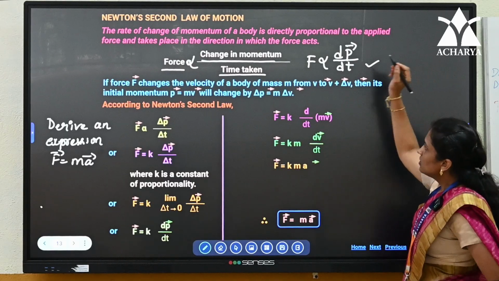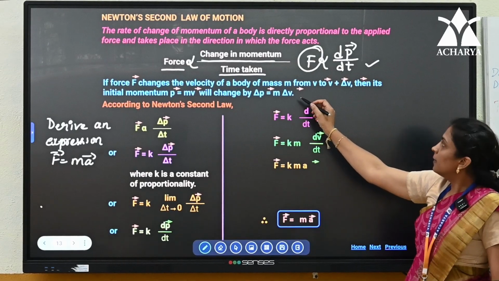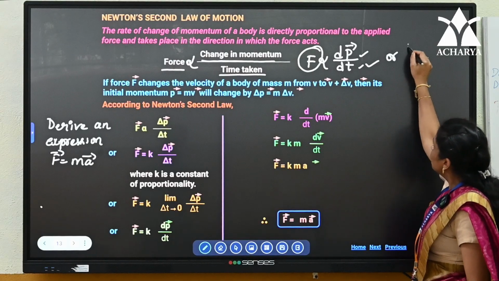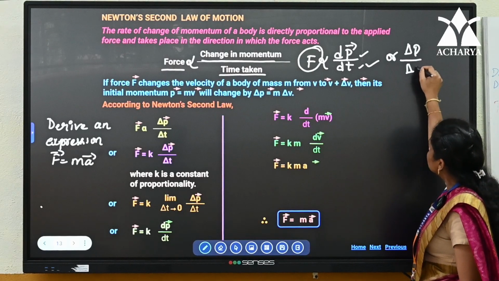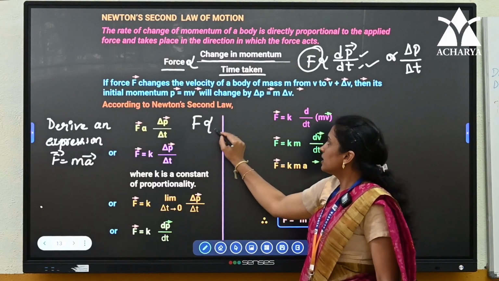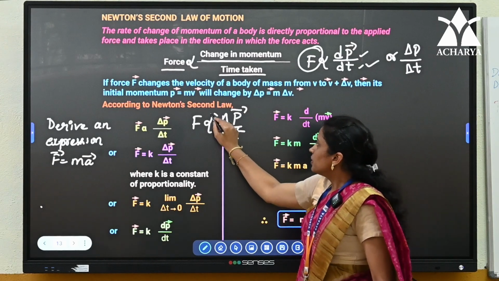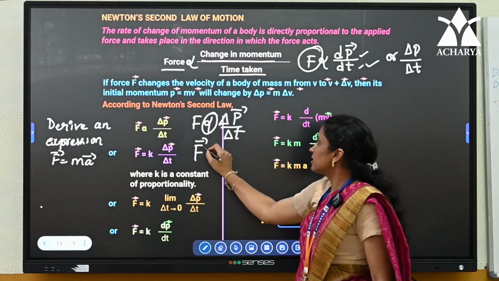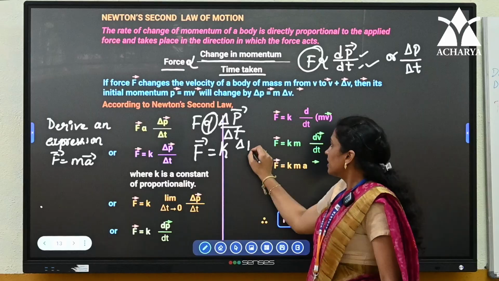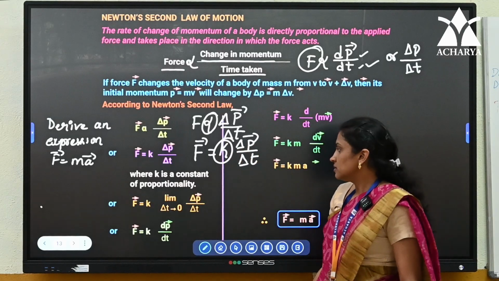Here F is the force, V is the velocity of the body, M is the mass, and dP by dt is the change in momentum. So F is directly proportional to delta P by delta T. Remove the proportionality constant. So F vector is equal to K delta P vector by delta T, where K is a proportionality constant.